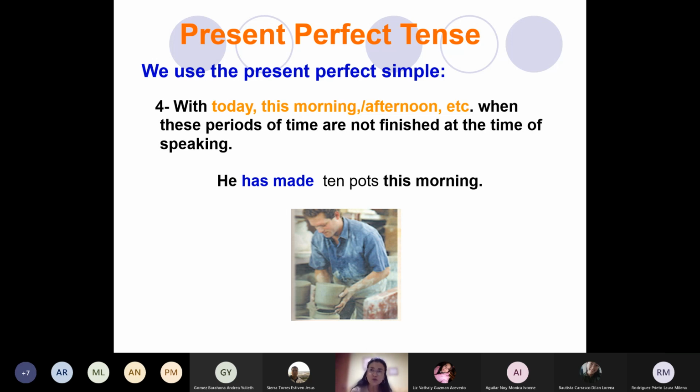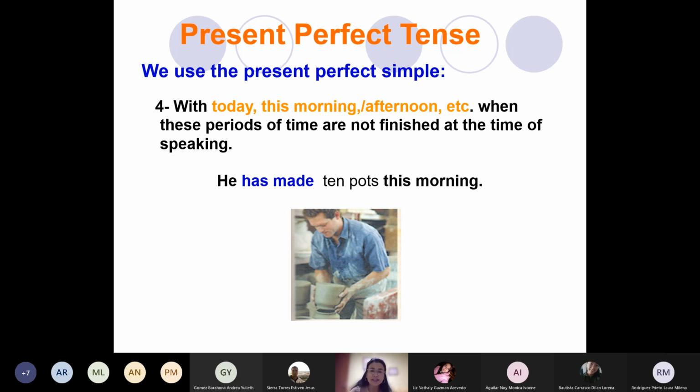Also, some expressions, time expressions that you use when you want to express the present perfect. Today, this morning, this afternoon, for, since, already, yet, because they are the expressions that show periods of time that are not finished at the time of speaking.